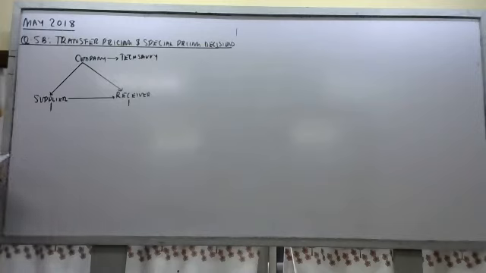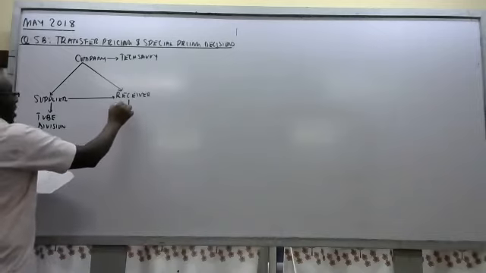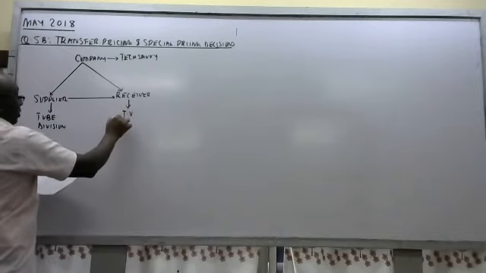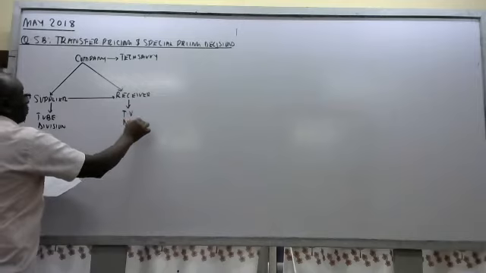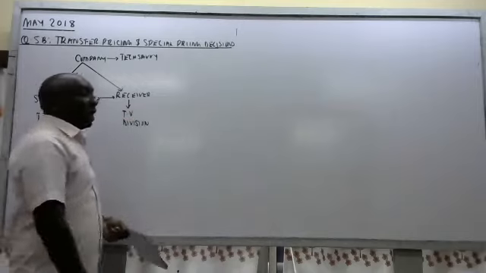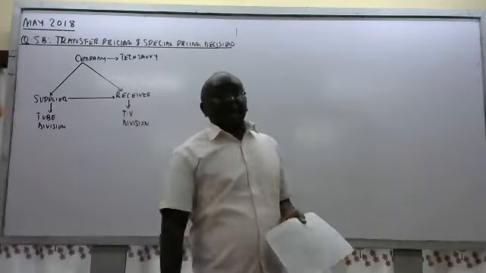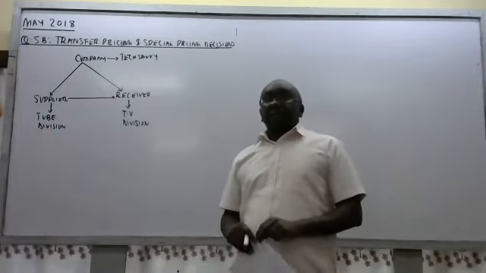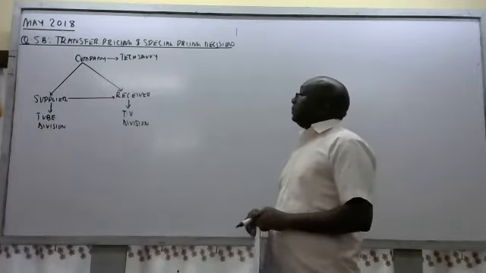Then the one who is supplying is called the Tube division. And the receiver is the newly established TV division. So that one must be well identified.